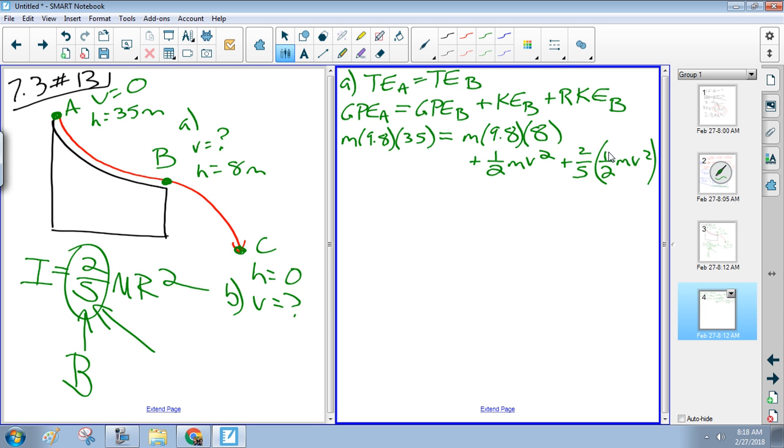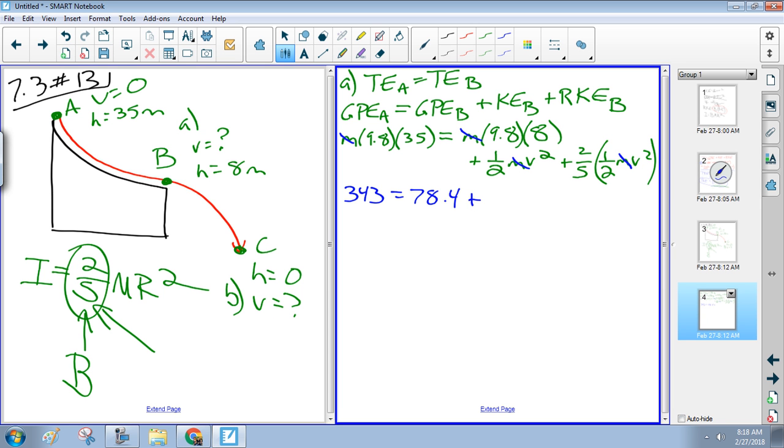All right, so next thing you do is think about what can be simplified. So your m's cancel out. All of the m's, not just some of the m's, cancel out. All right, and then let's see. So what do we got? 9.8 times 35 is 343. Equals 9.8 times 8 is what? 78.4, I think.